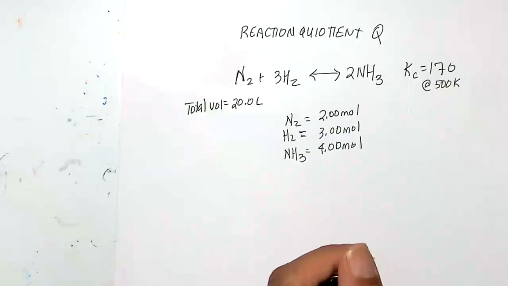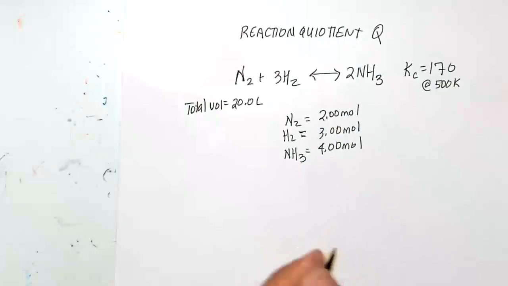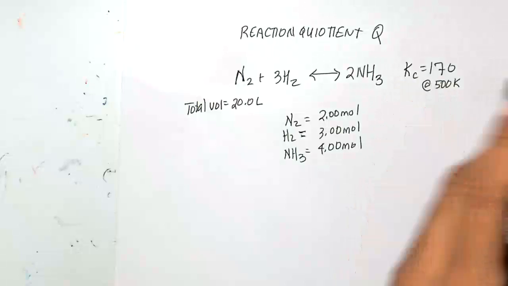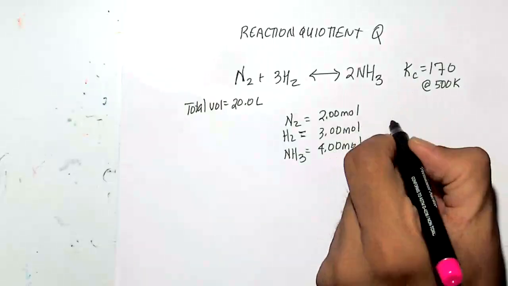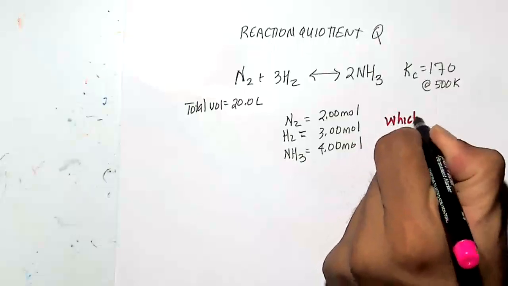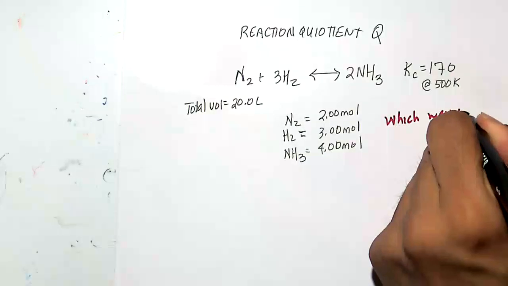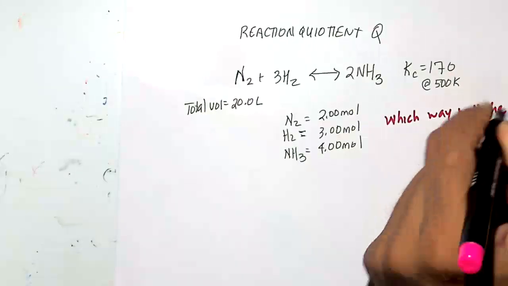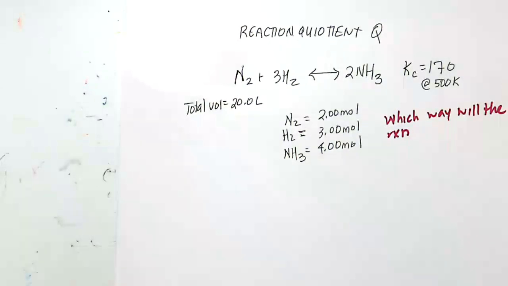All right, so are we at equilibrium? If we are, good. But if we're not at equilibrium, which way will the reaction go to get to equilibrium? That is our question. First of all, are we at equilibrium or not? But how do you know this is an equilibrium reaction in the first place?